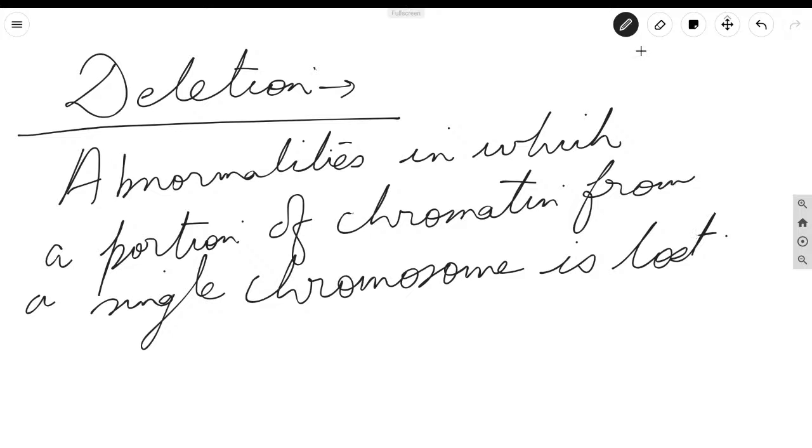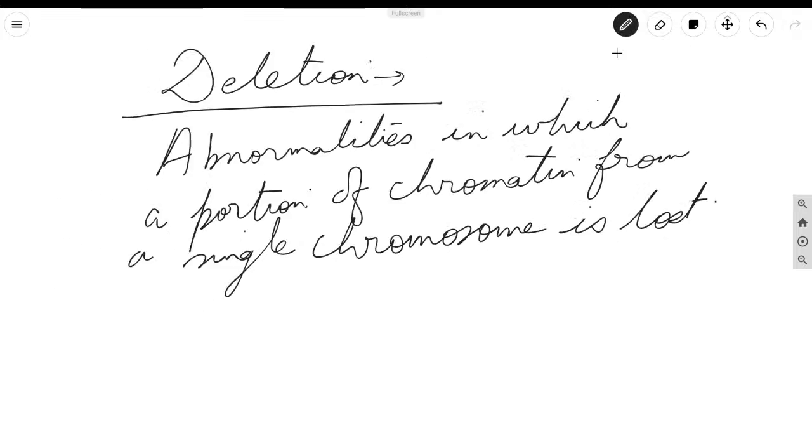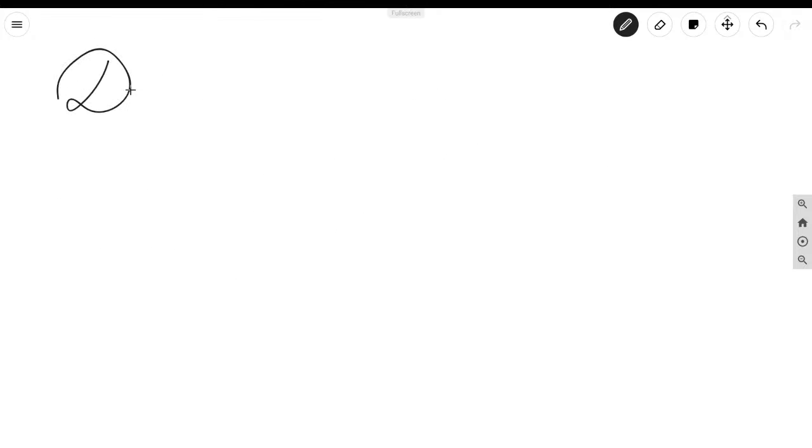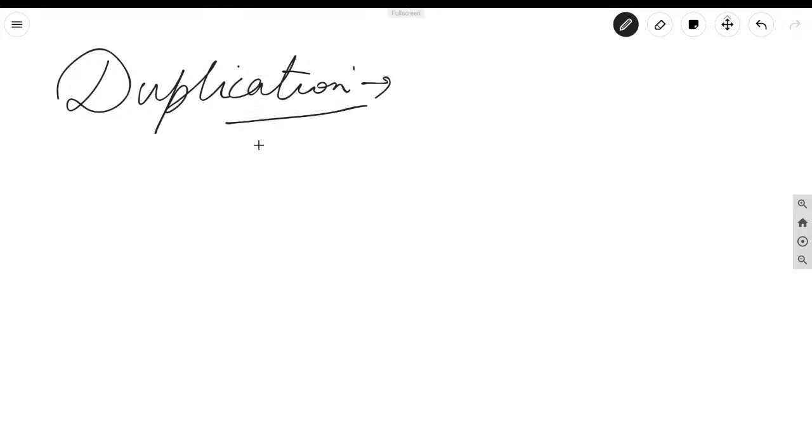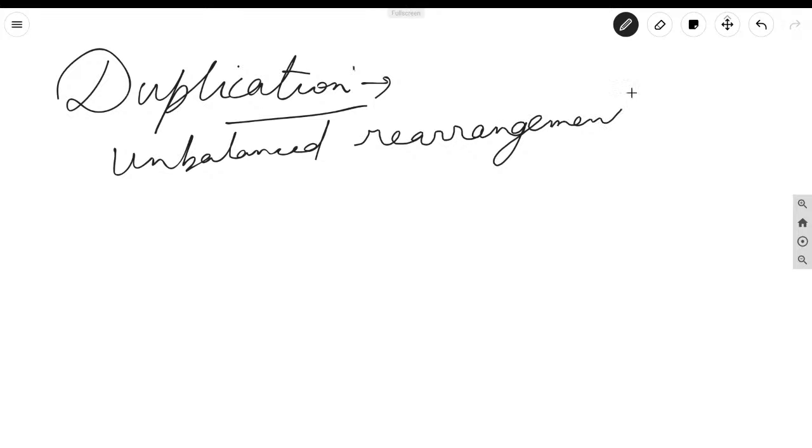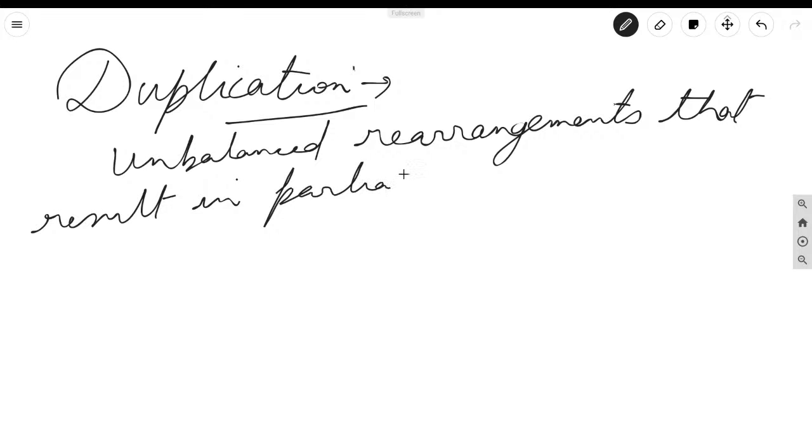Then we have duplication, a very, very specific event. Duplications are unbalanced rearrangements that result in partial trisomy.